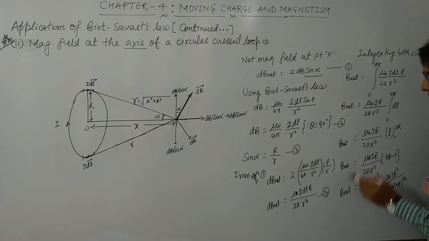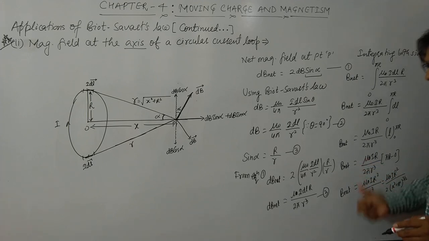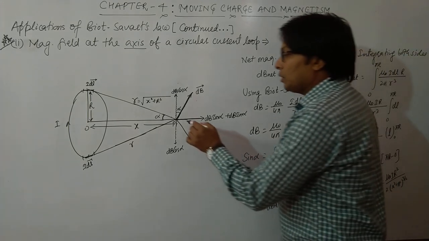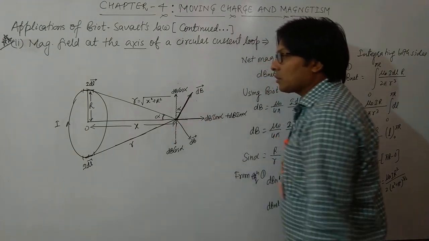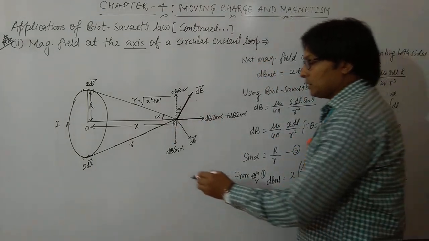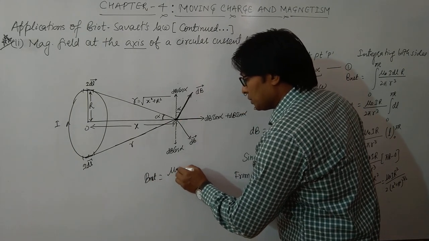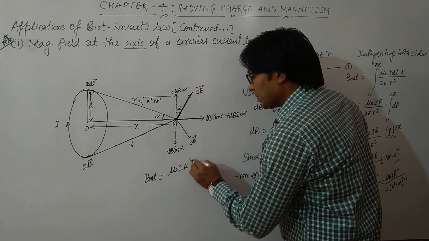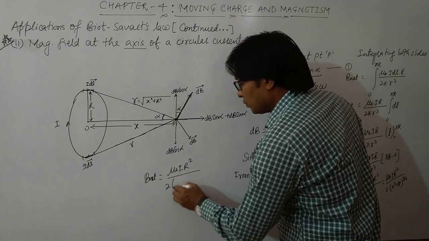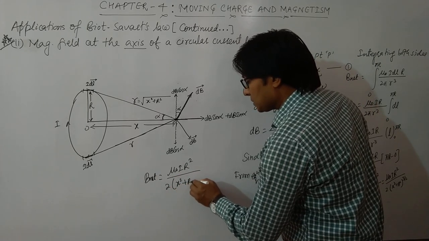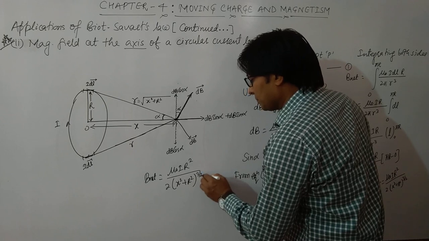So this will be the net magnetic field at point P on the axis of this circular current loop, equal to B net equals mu 0 I r square upon 2 times x square plus r square raised to the power 3 by 2.